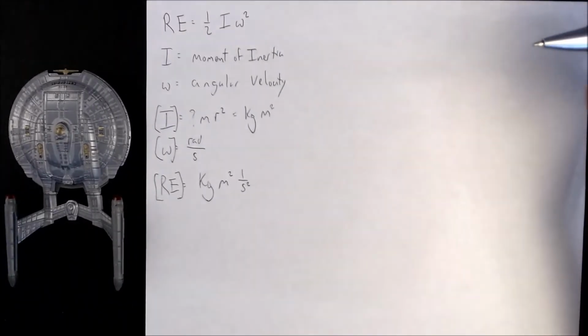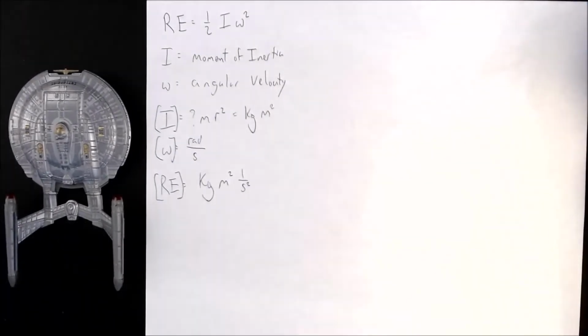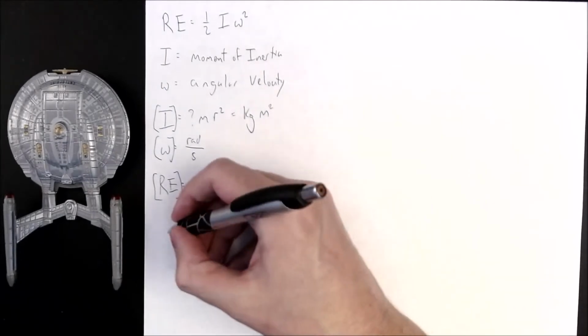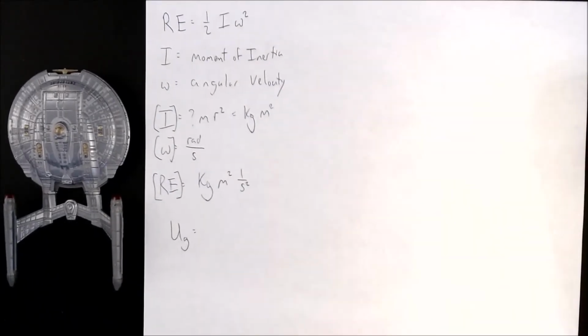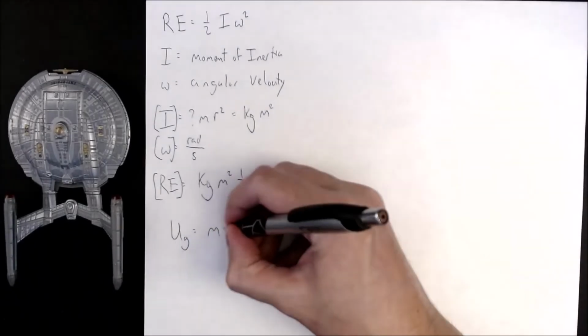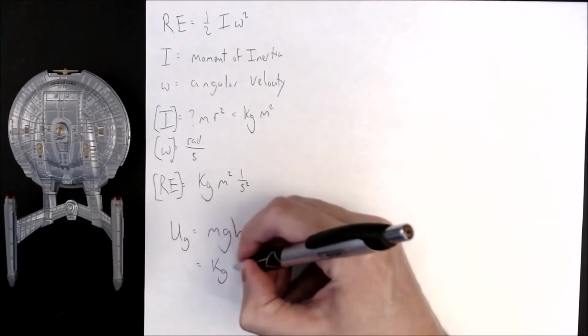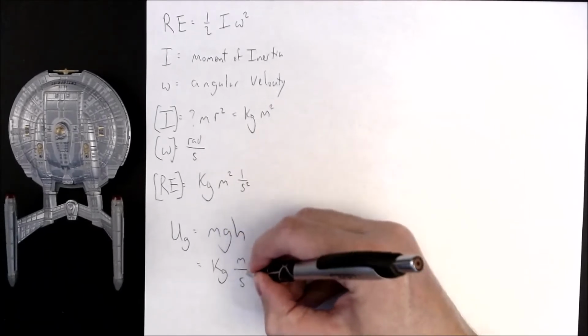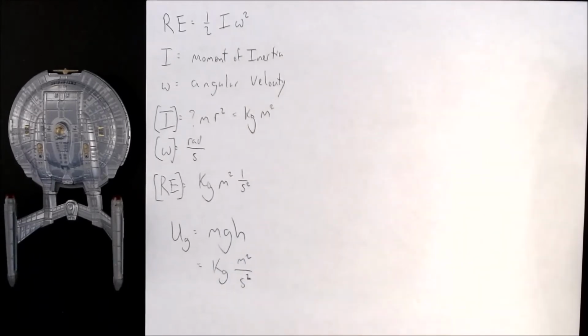Okay, does this make sense? Is this the correct units for energy? Well, to check, what was gravitational potential energy again? That's just mgh. Units of m, kilograms, units of g, meters per second squared, units of h, another meters.